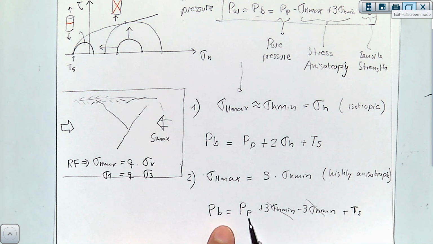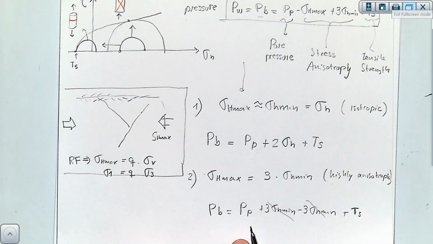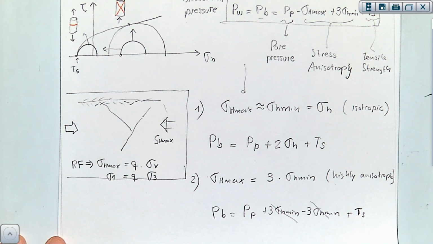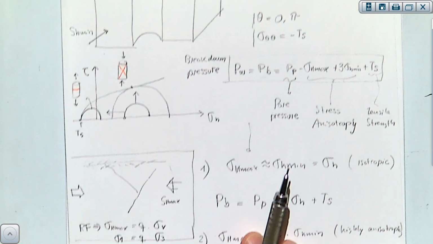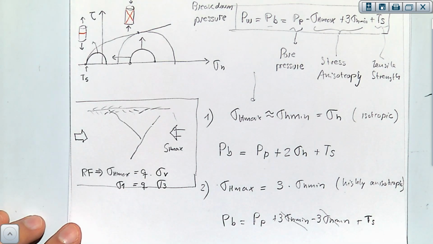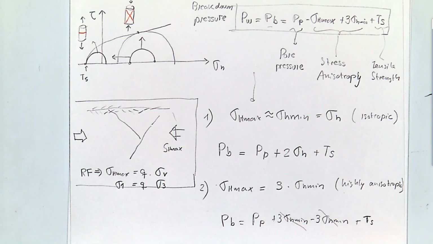And eventually, if you didn't have any tensile strength in the rock, as soon as you get to the pore pressure, you are likely to start opening a hydraulic fracture. Okay, so this equation is just to tell you where and when a tensile fracture like this one and like this one over here would initiate around the wellbore. And this is going to help us to get started with analyzing hydraulic fractures.